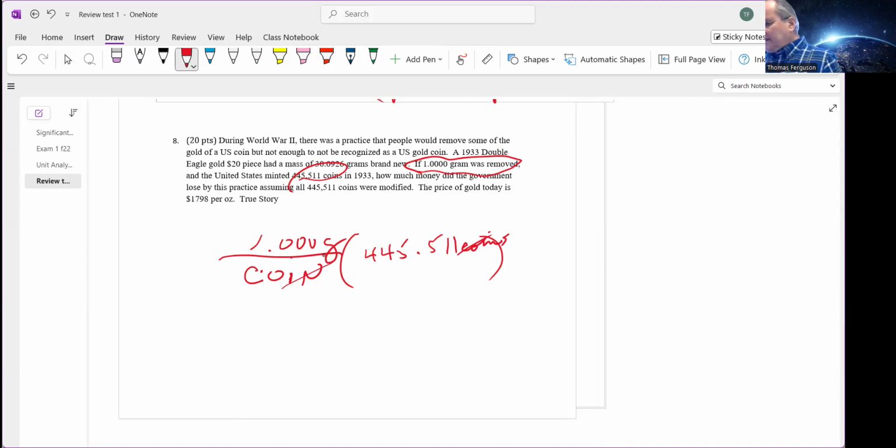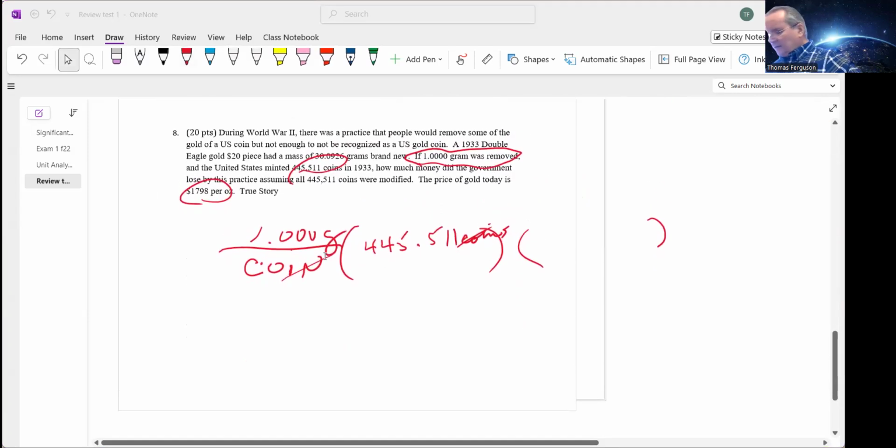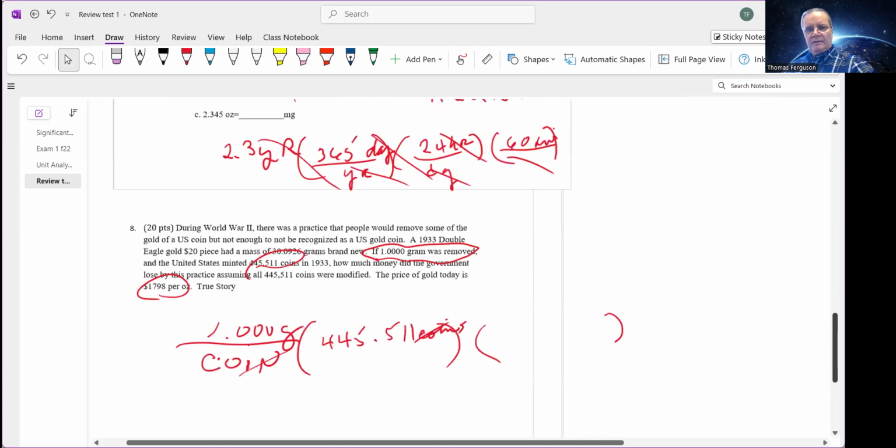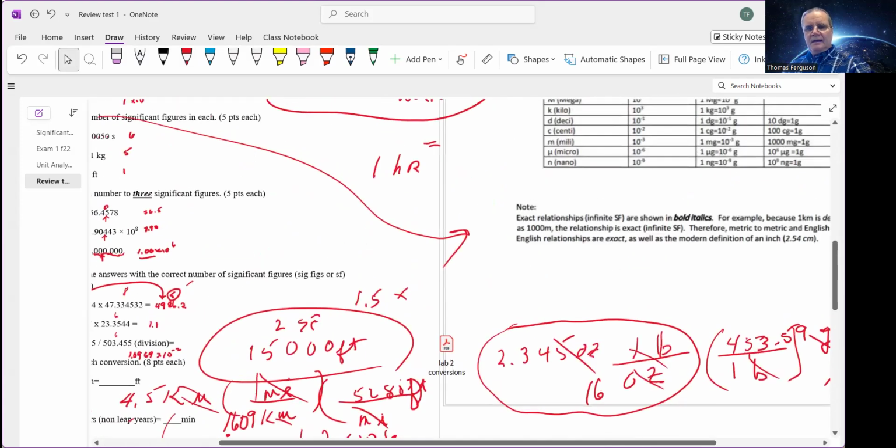Now we need to convert the grams to ounces. And then we know the cost per ounce. Actually, gold is probably more than what I listed there. When I did this a year ago, gold has gone up since.